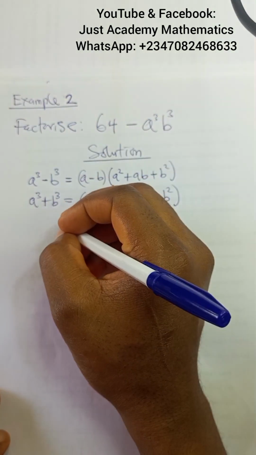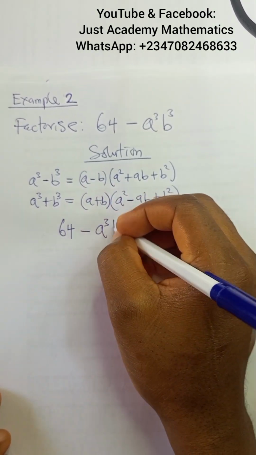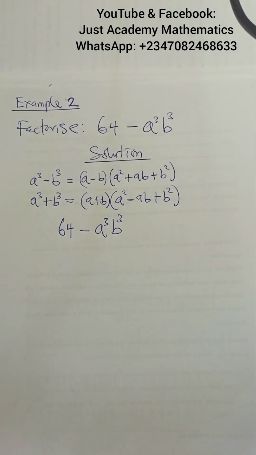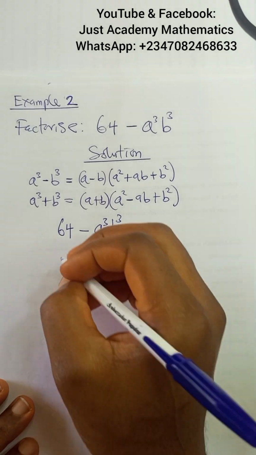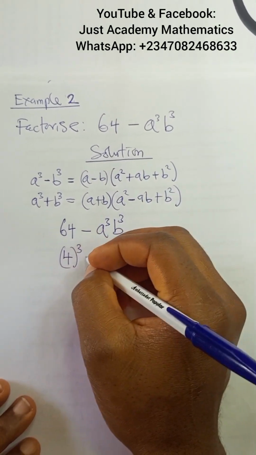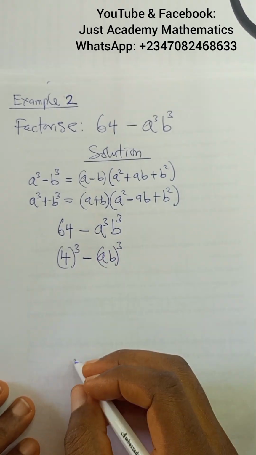Now that brings me to 64 minus A cube B cube. Now 64, cube root of 64 means 4. 4 times 4 times 4 is 64. So that is 4 raised to the power of 3 minus AB raised to the power of 3.